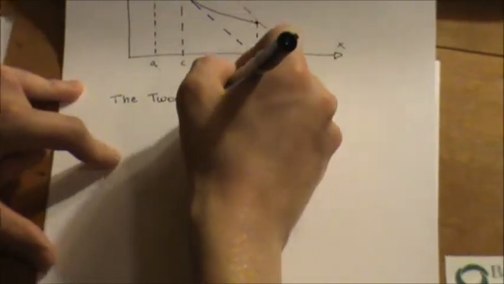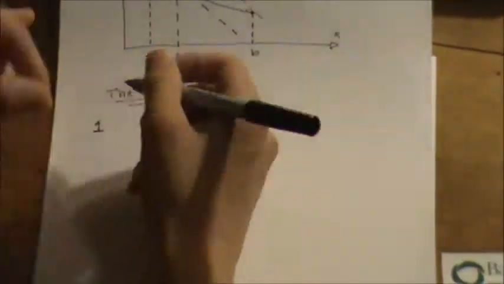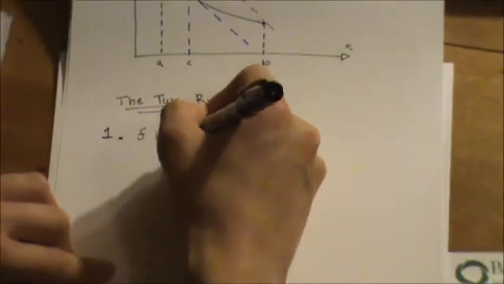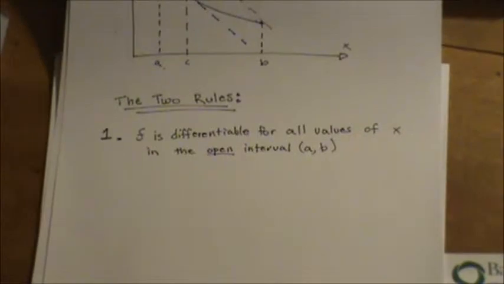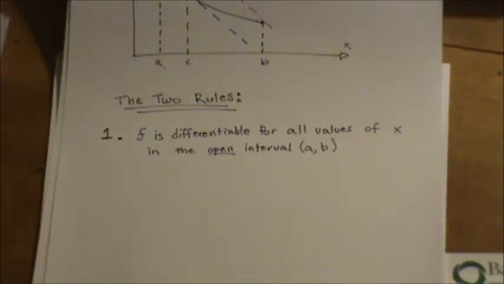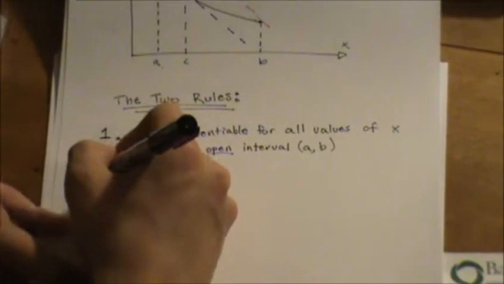Now, there are a couple rules to the mean value theorem. First of all, f must be differentiable for all values of x in the open interval a and b, which means everything has to have a derivative except a and b. A and B don't have to have derivatives.